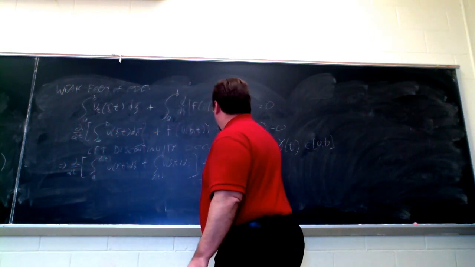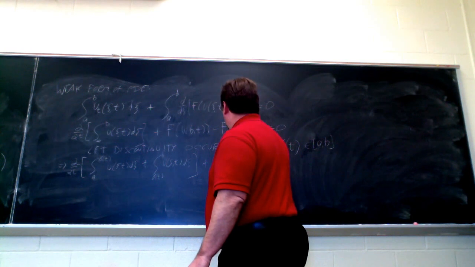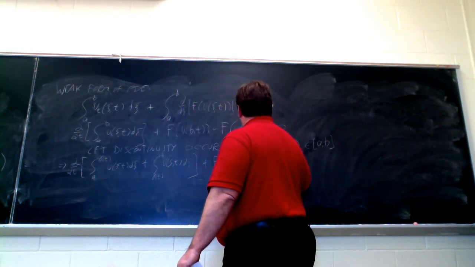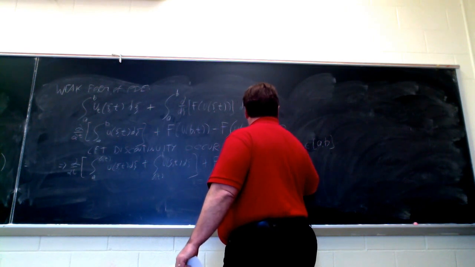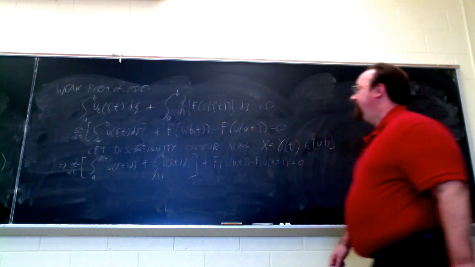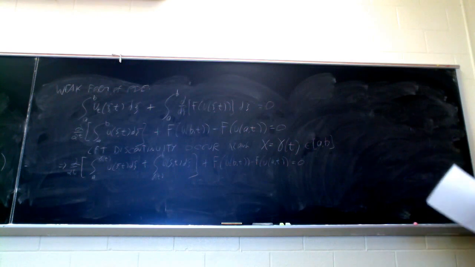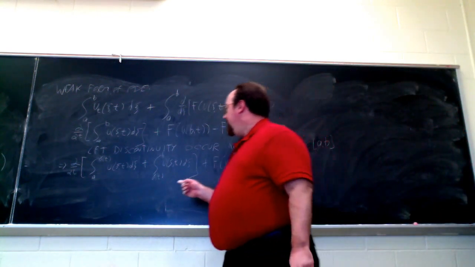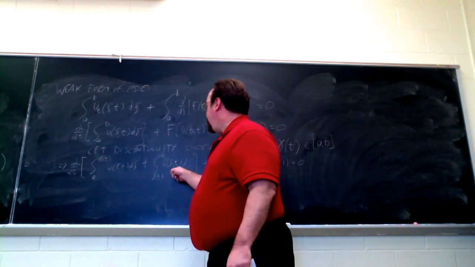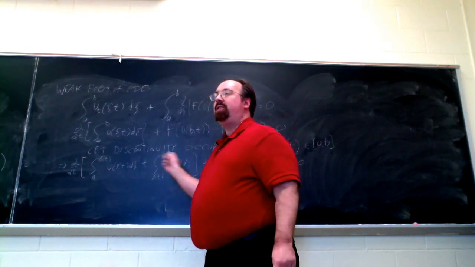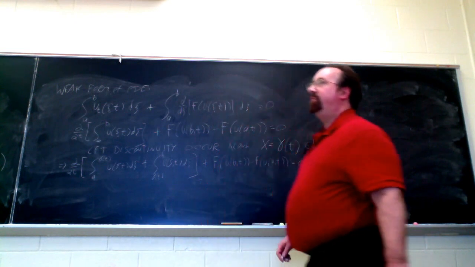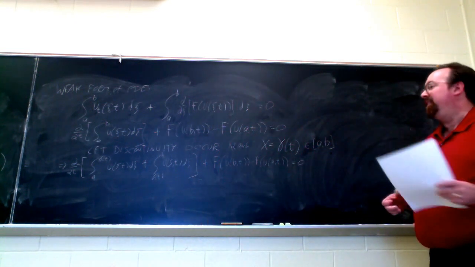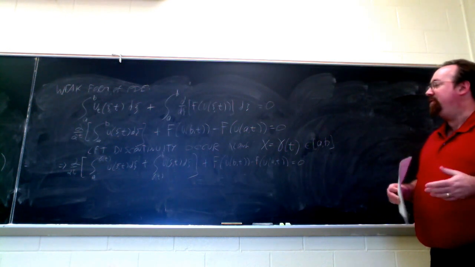Equal, and then everything else. I'm doing that because within each of these two separate integrals, u is continuous. So each of those individually, I can apply the fundamental theorem of calculus.